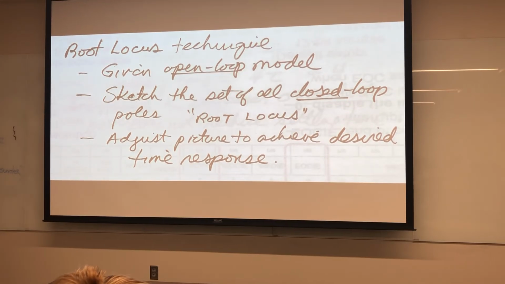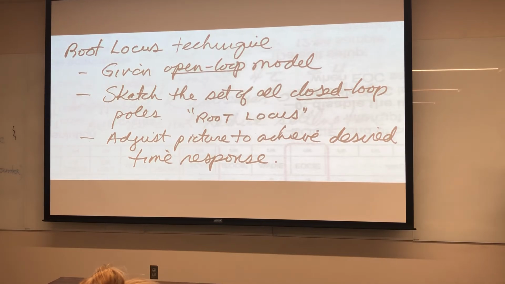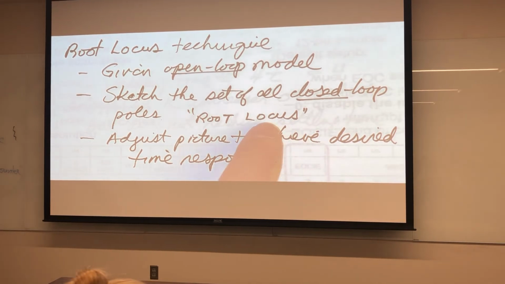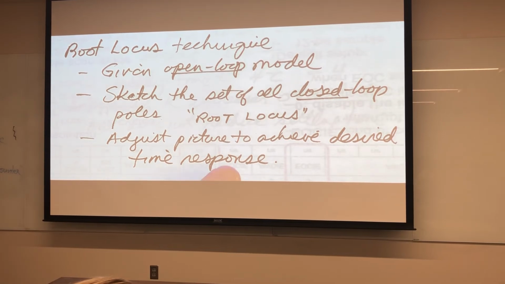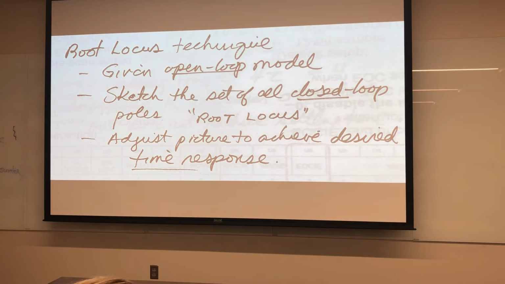So somehow in our mind, we have this mapping between time response, how quickly the system responds, and whether it overshoots or not. We have some sort of a picture of that in time, and we have somehow translated it in our mind to locations in the S-plane. And so this is the skill that we learned in this class: how do we relate S-plane locations to time response.